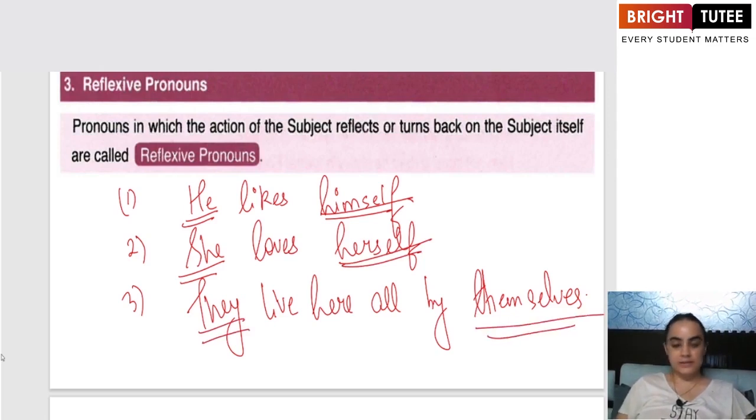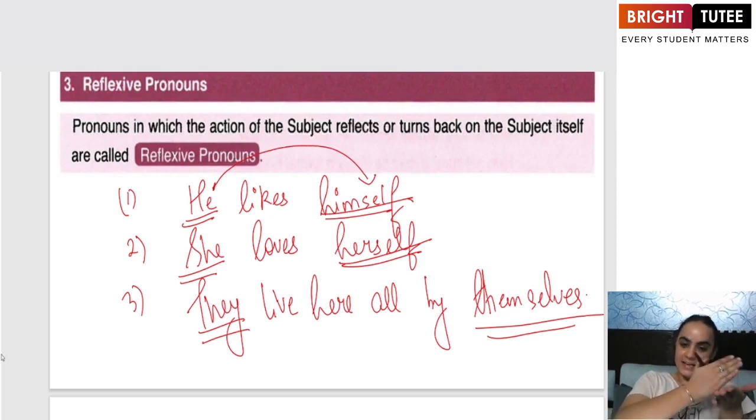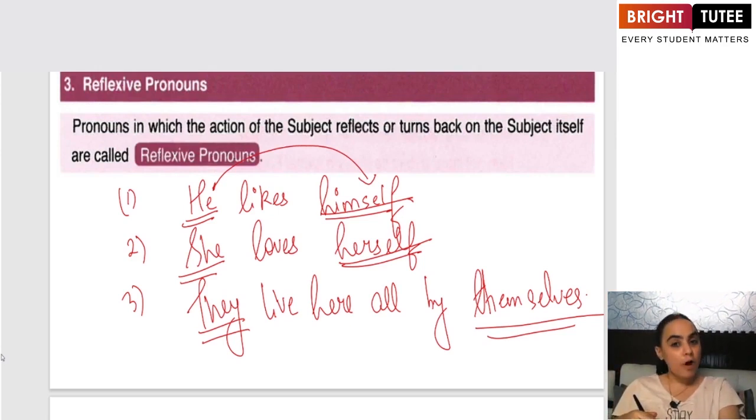They, themselves. So what is happening? The action of the subject is turning back to the subject itself. He changes to himself. So whatever action was being performed by my subject was returning back to the subject itself. She, herself. So again, whatever task was being performed by she, it is returning back to the subject itself. It returns back to she only.